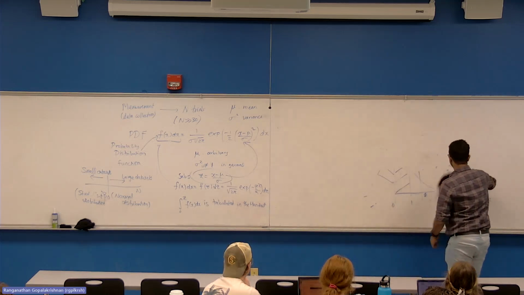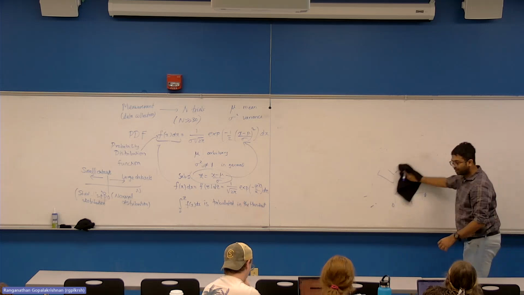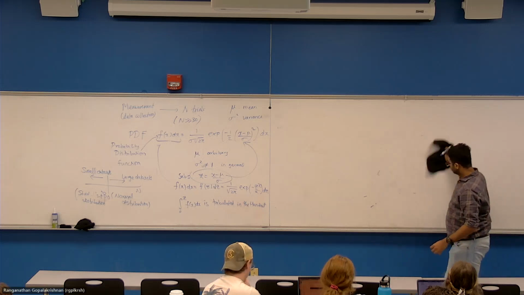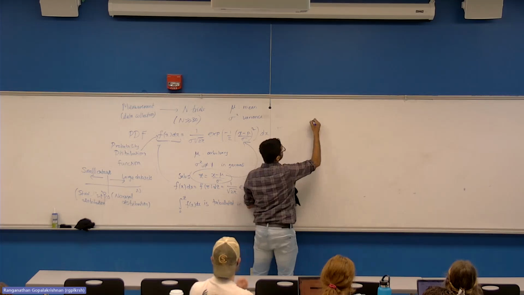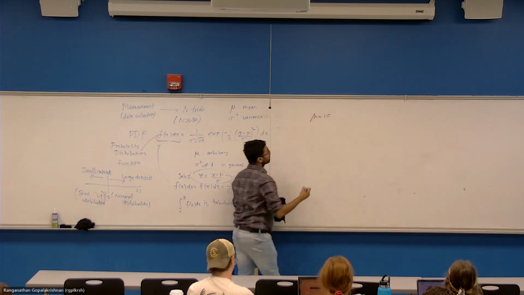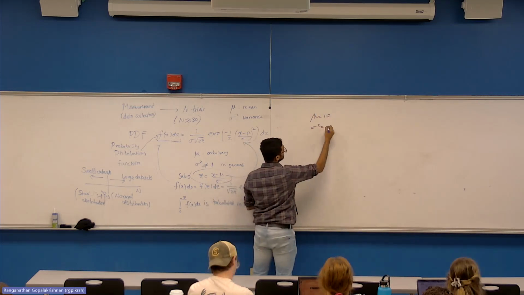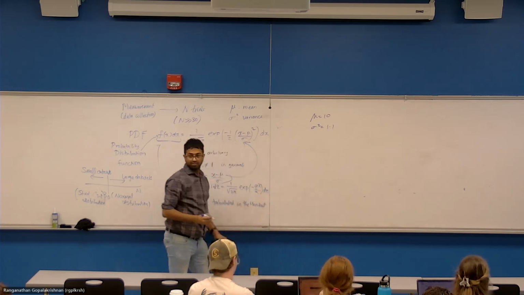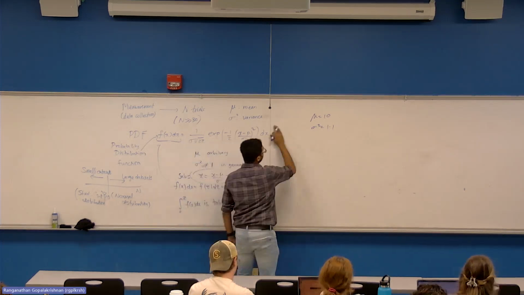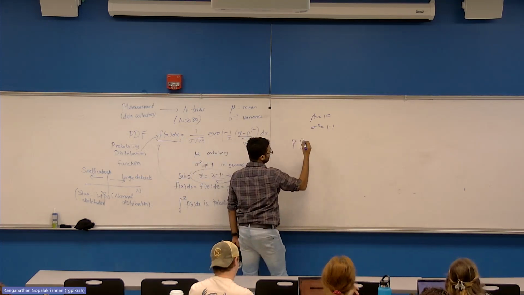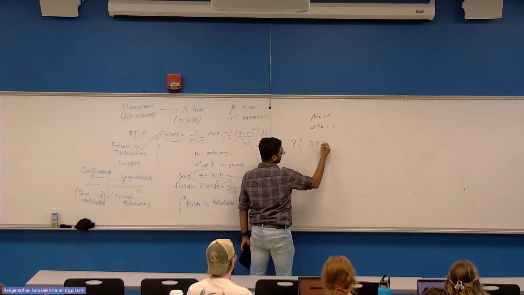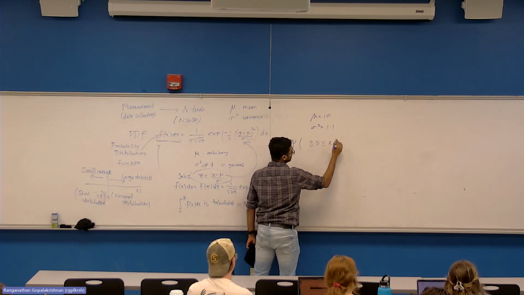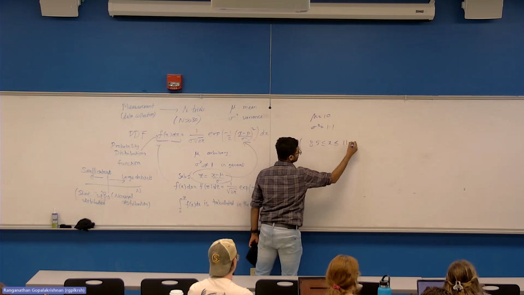I might be giving this example also because I might remember this from preparing the test. So please pay attention. Let's say mu is 10 and sigma squared is 1.1. I want to calculate what is the probability that x takes values between 8.5 and 11.